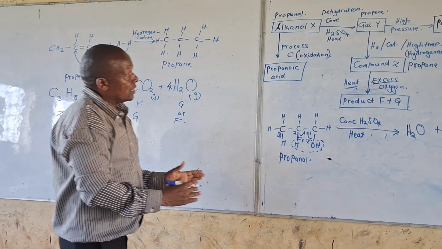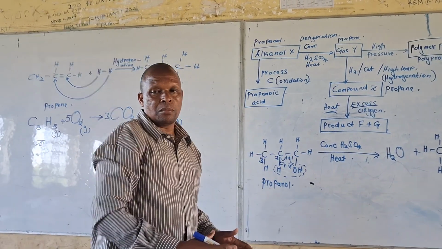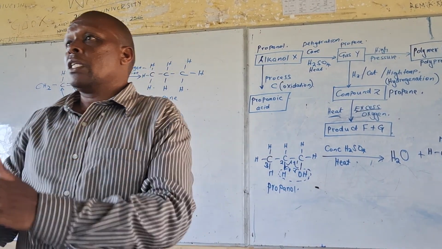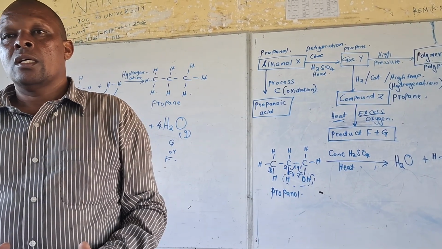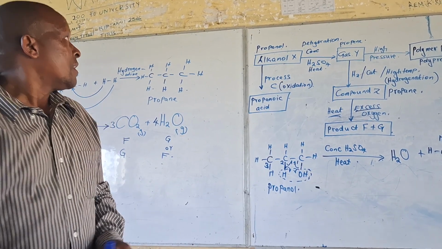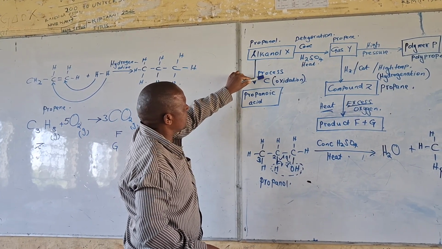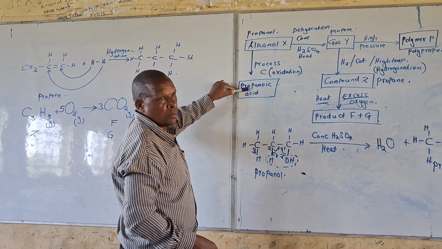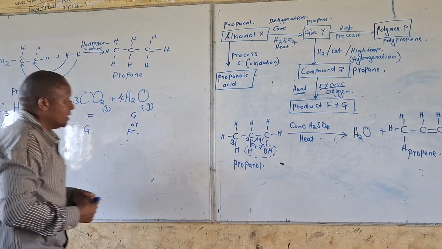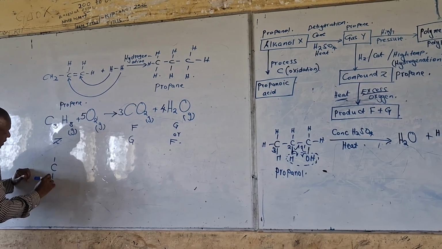So with that, we are done with the flow diagram for reactions between alcohols and hydrogen, oxidation of alcohols, okay? Oxidation of alcohols and what again? The first reaction here, alkanol X process C, which is oxidation, how do you form propanoic acid? We can show this one again. Let us try that. So we start from propanol, which is this one.